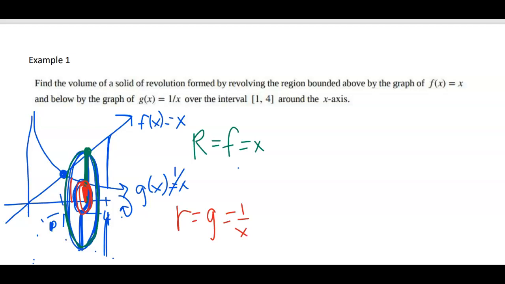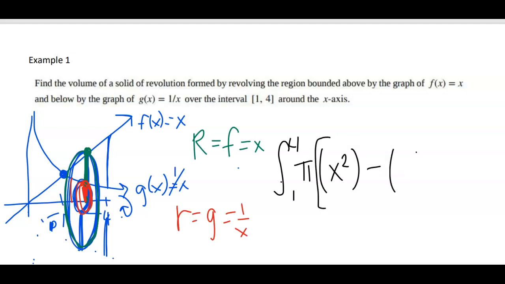All right, let's go ahead and get this all set up then. So I want to integrate from 1 to 4 pi times, big brackets here, big R squared minus little r squared.